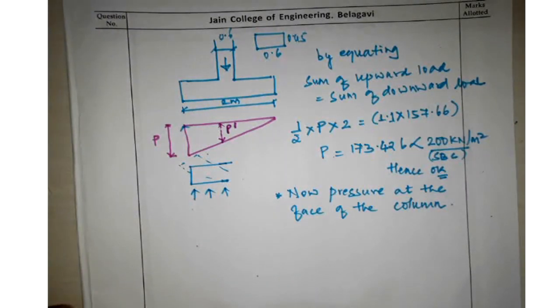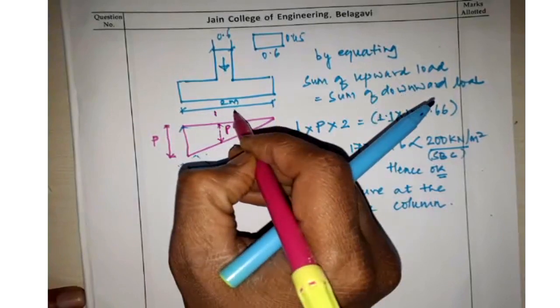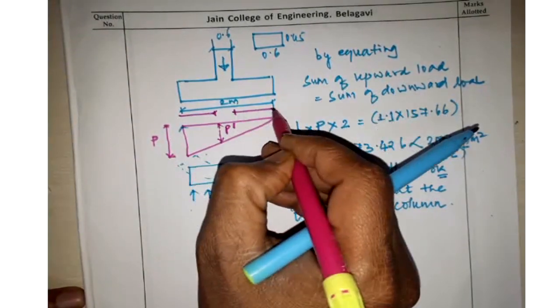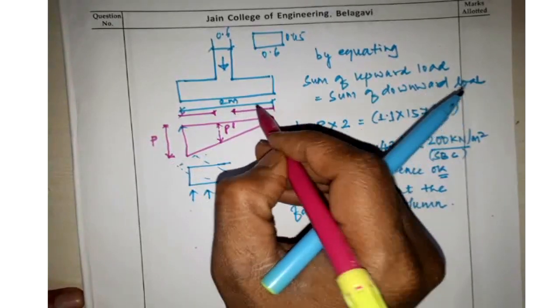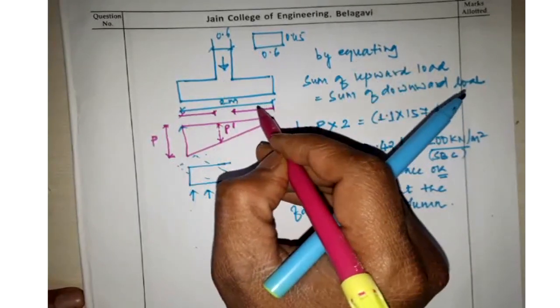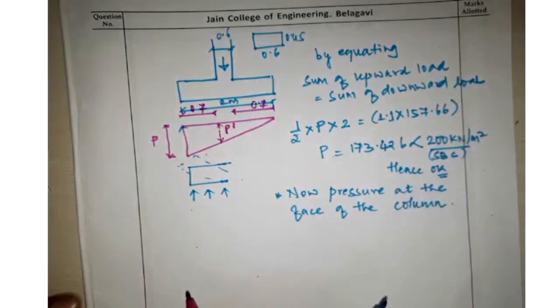And we have these distances. Out of 2 meter, this will be 0.7 because 2 meter minus 0.6 divided by 2. So we get this as 0.7 and this also 0.7.